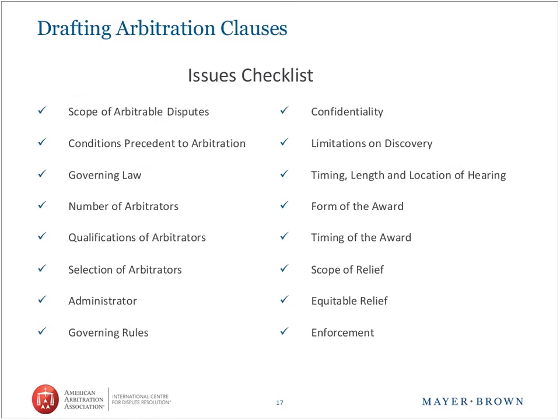I think the scope of the arbitral disputes is really important. One of the issues for us is international or domestic. It is a question that a lot of companies don't ask.